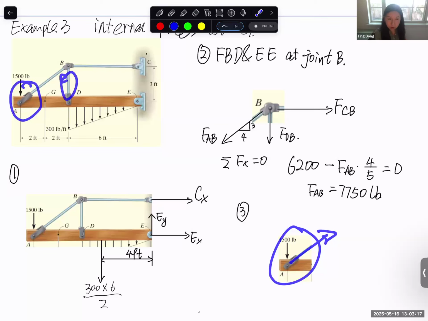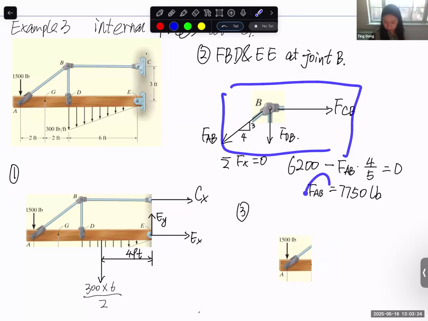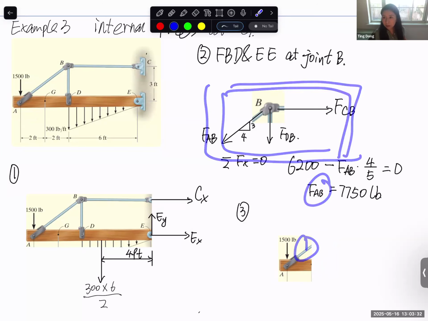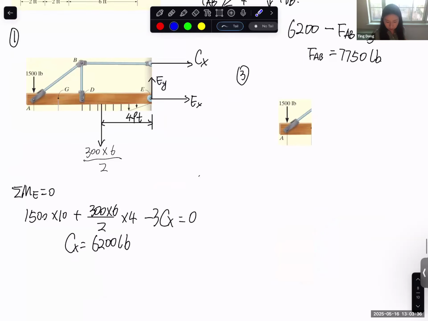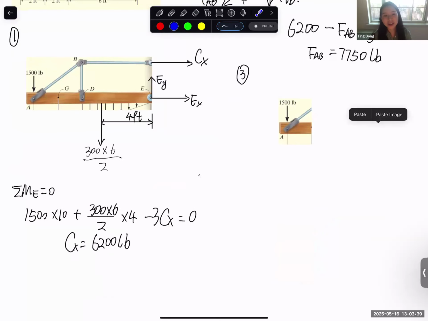You don't need this one. We only care about the X component. We do the force equilibrium in the X direction, and we can solve for the AB, and we use AB for the next step. We only need the force in the X direction. Got it. Thank you.